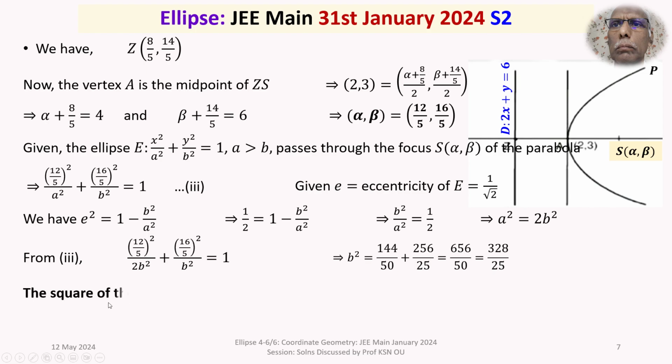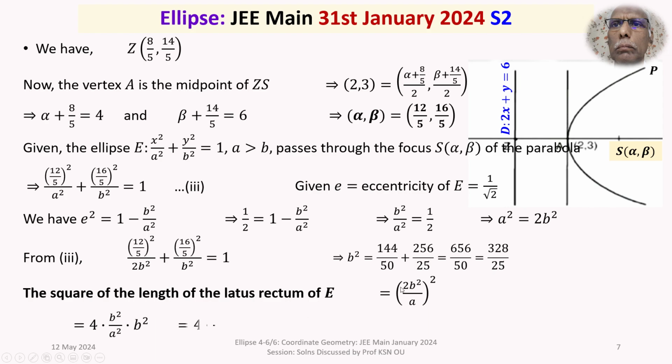So now the square of the length of the latus rectum of E. The length of the latus rectum is 2b square by a. The square is its square. That will be equal to 4b to the power of 4 by a square, which is written like this: 4 into b square by a square multiplied by b square.